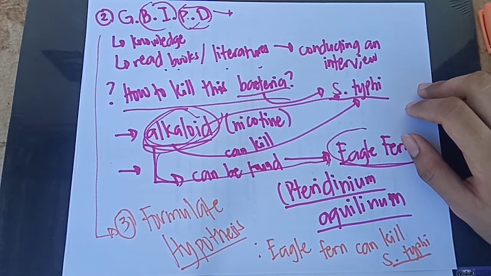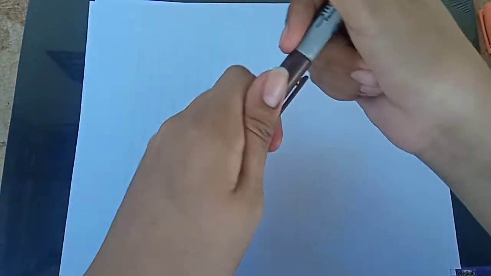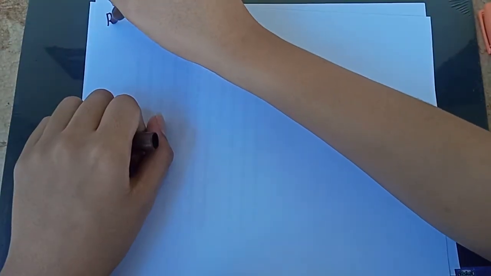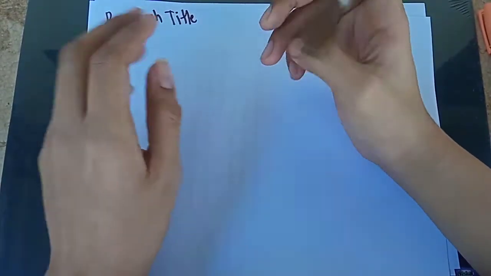Obviously, when we already have the hypothesis, we can now create a research title, using the preliminary data and hypothesis.